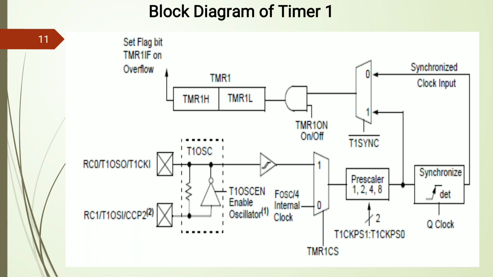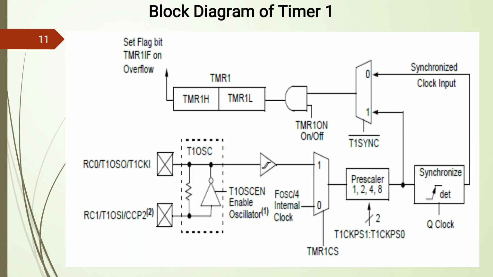The output of that is fed to the synchronization circuit here, or directly applied to the timer registers, that is without synchronization. If we connect the prescaler output directly to T1SYNC bar, in that case we consider that synchronization is not required. If we require synchronization, then we should apply the output of the prescaler to the synchronization circuit, and after that the signal is applied to the T1 synchronous mux.